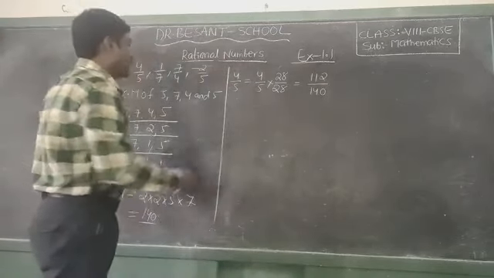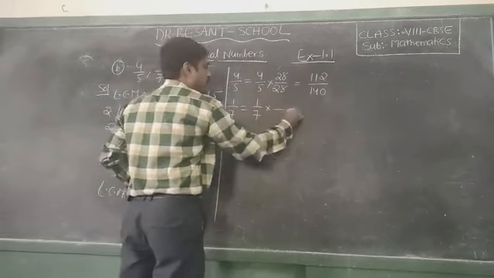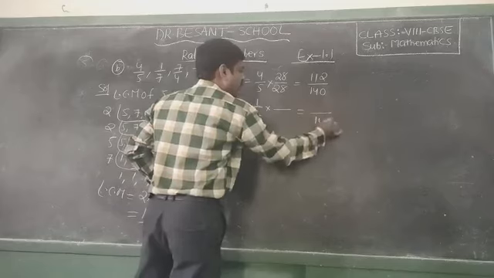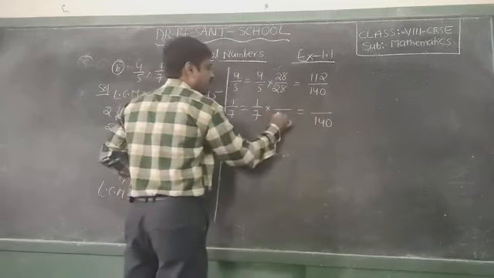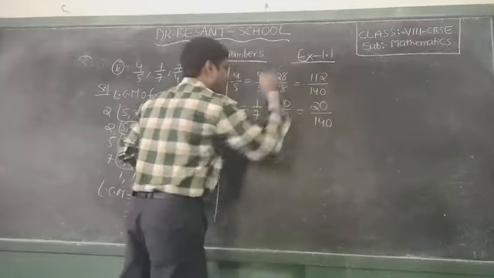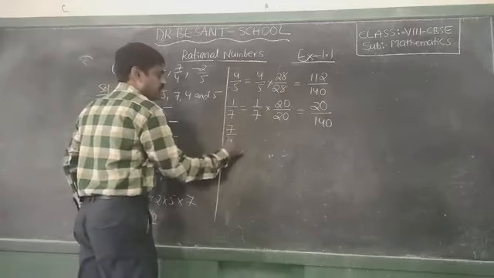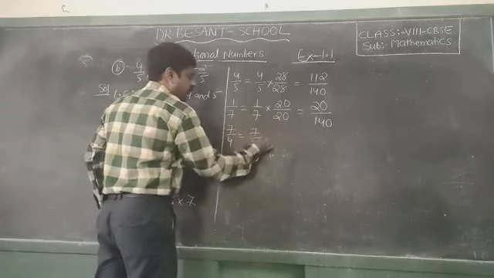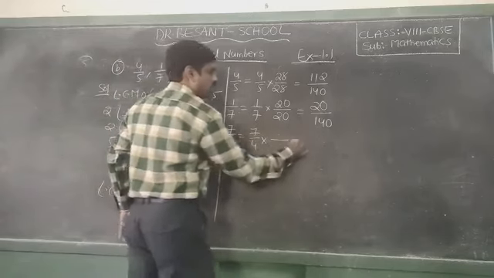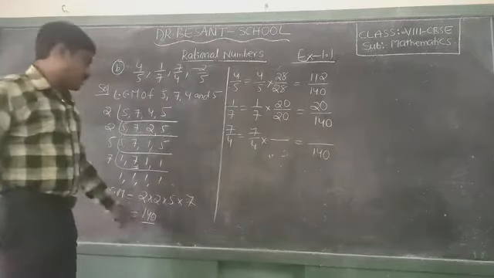Okay. Next 1 by 7. So 1 by 7 into, we should get the denominator 140. 7 20s are 140, so 20. Next 7 by 4. So 7 by 4 into, we should get the denominator 140, because LCM is 140.